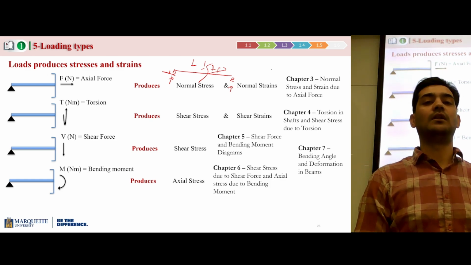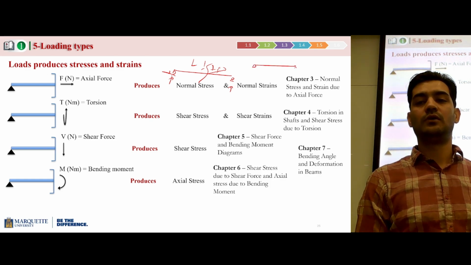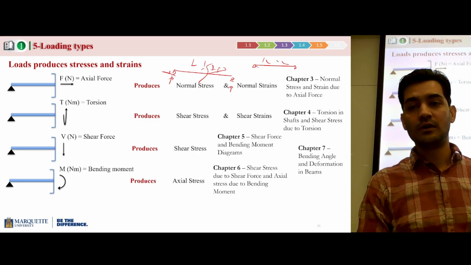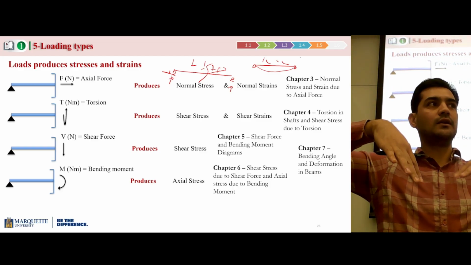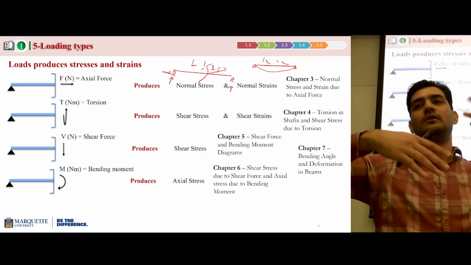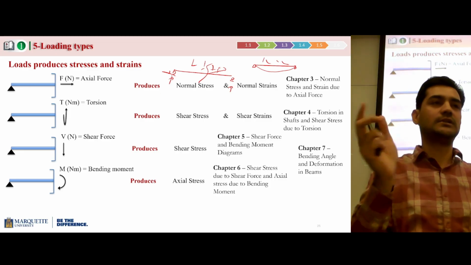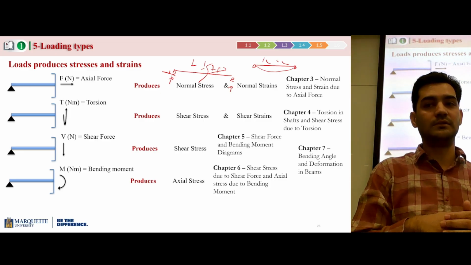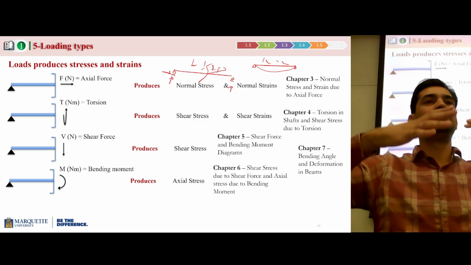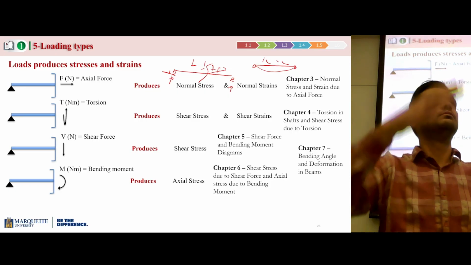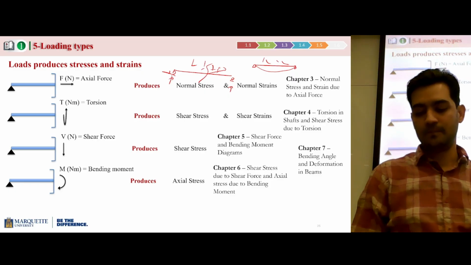But you will also have another thing: because of those loads, the beam is going to bend. In statics you were just calculating reactions, but actually the beam bends as well. So you have changes in shape, and we don't want beams to bend a lot.